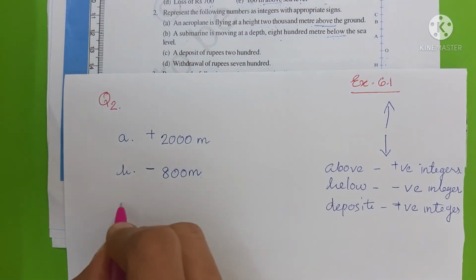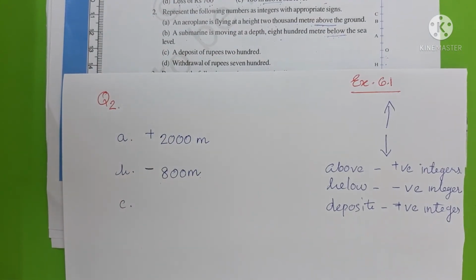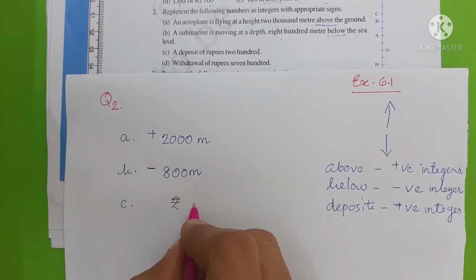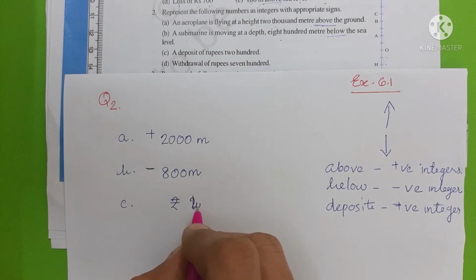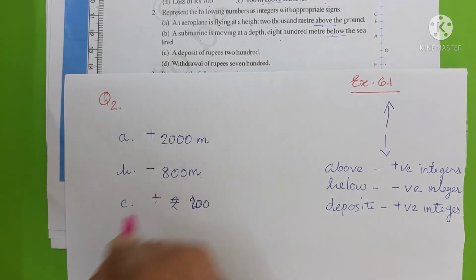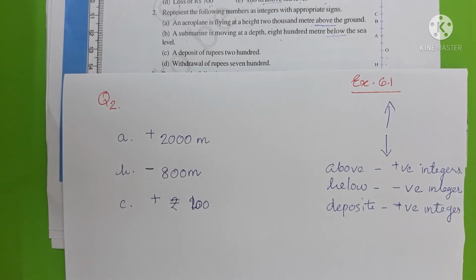So question number C is a positive integer. What is the amount? Amount is rupees 200. So sign is plus because deposit indicates a positive integer. So we can put the positive sign. In the case of positive integer, we can write with or without a positive sign. So we can avoid this plus sign.